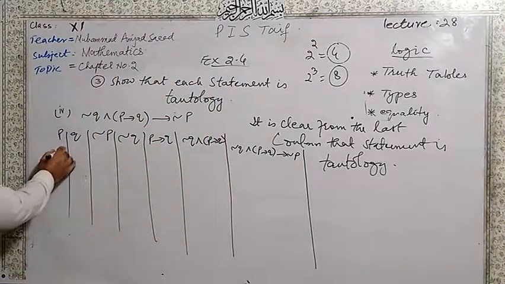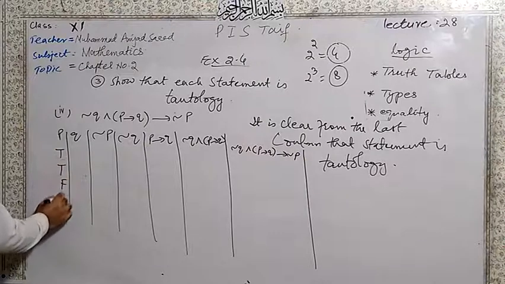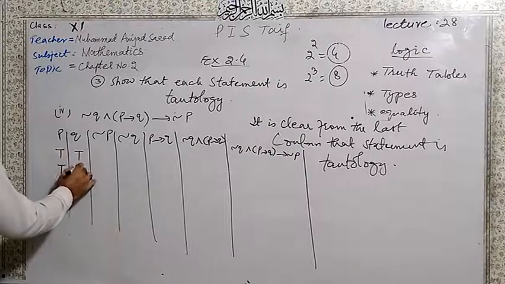There are two possibilities: TT, FF, TF, TF.